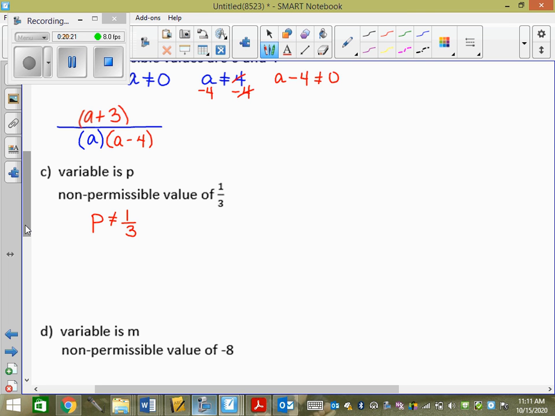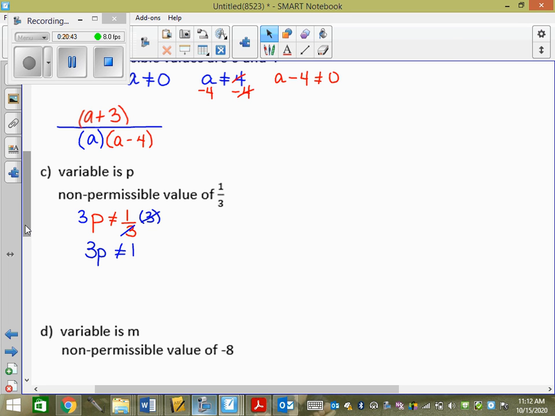You have to remember when it's a third, it used to be something that you have to do 2 steps to get to. So the first thing we have to do is actually move the 3. We do it in a 2-part step when it's a fraction. How do I move the 3? It's a division of 3. So I'm going to multiply by 3. So now I have 3p cannot equal 1.